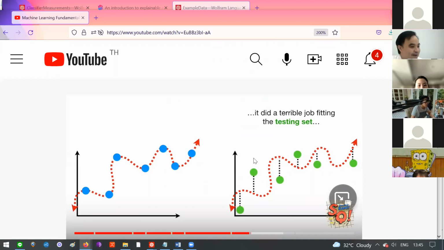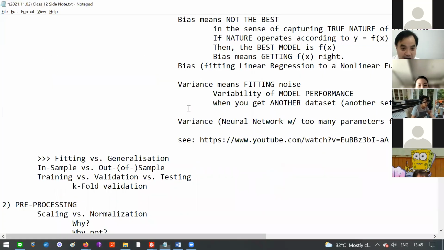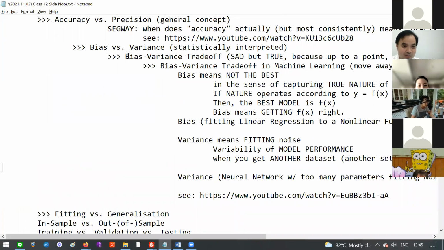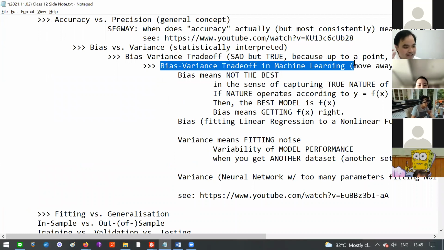It's that variability that they talk about when they say variance. So now you understand bias-variance trade-off, this is a very important term. Bias variance in machine learning is conceptually similar but different from the statistical concept.